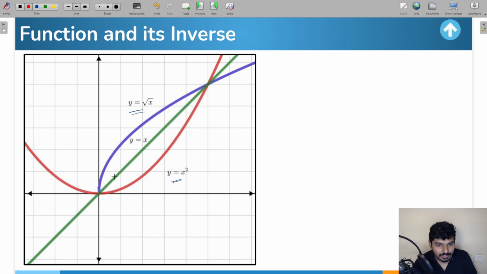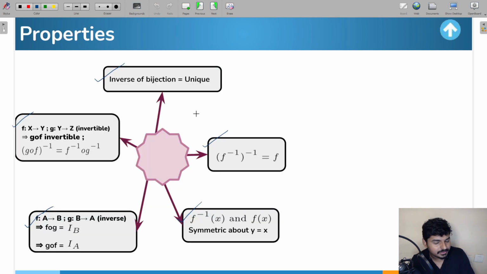This is the graph of y is equal to x square, and this is the graph of y is equal to root x, and clearly they are symmetric, guys. So whenever you want to draw the graph of f inverse of x from f of x, just apply the concept of symmetry about the line y is equal to x. You can easily figure out what the graph of f inverse of x is going to be. Okay, so I hope these concepts are clear for everyone.